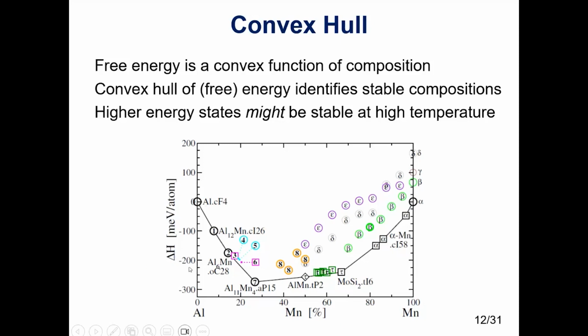So here, in the aluminum manganese alloy system, I show you the enthalpies for many different phases. To make things easiest to see, I'm going to subtract off the enthalpies of pure aluminum and pure manganese in their stable low temperature phases.